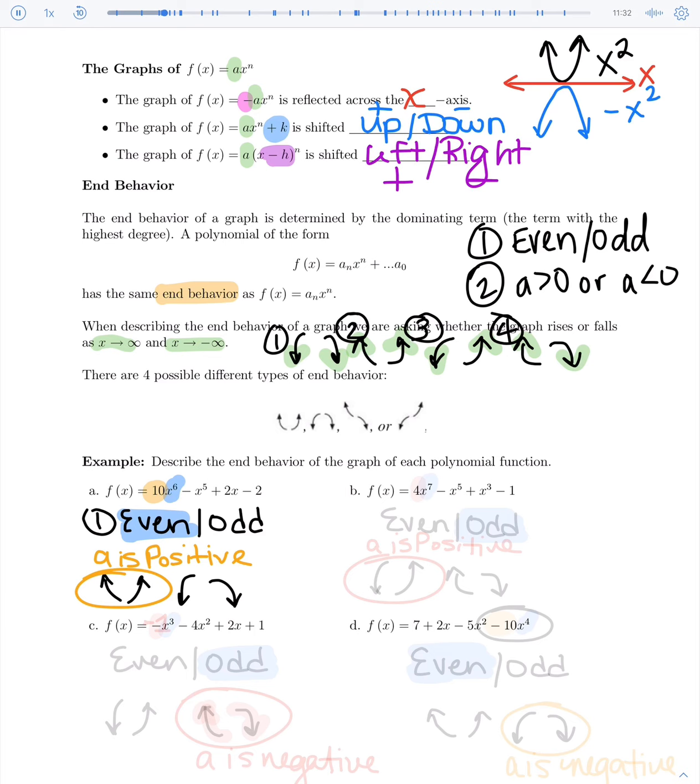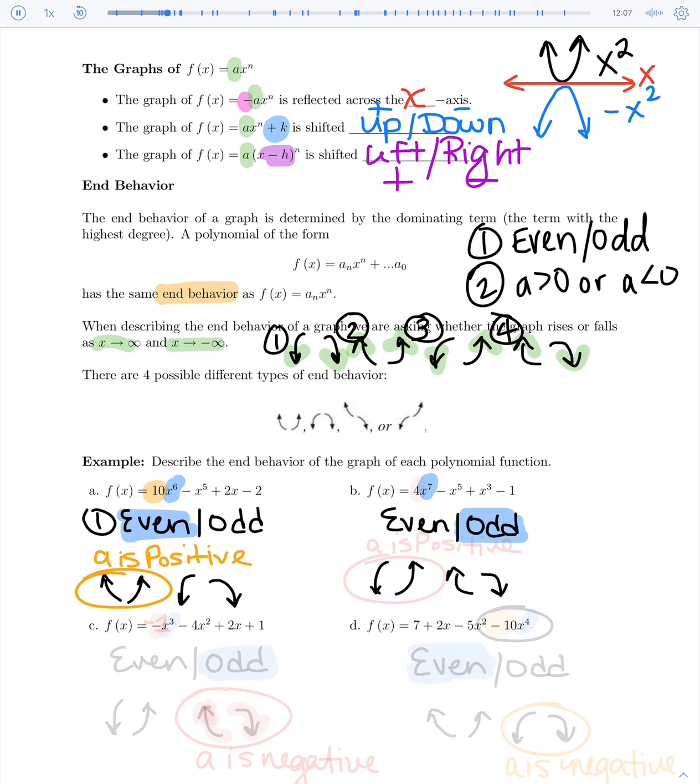Let's try another one. Let's take a look at B. In B, we're again first going to look at whether we're even or odd. In B, though, if you look at our highest exponent, we are looking at an x to the 7th, which means we're talking about an odd function. So what that does is narrow us down. If we've got an odd function, we've got one up and one down in either direction. Could be the down then the up, or it could be the up then the down.